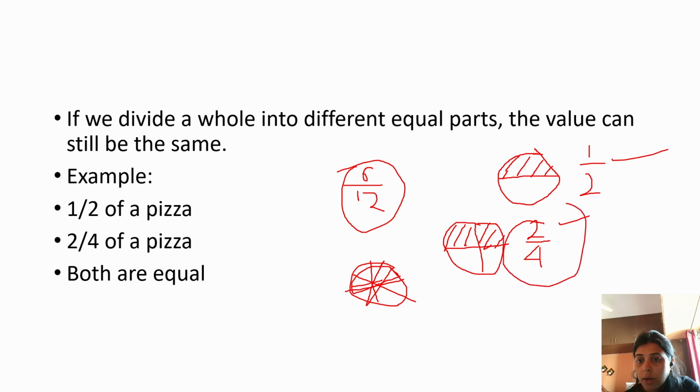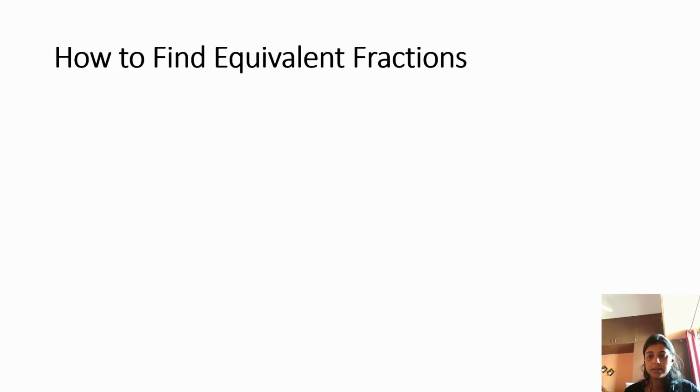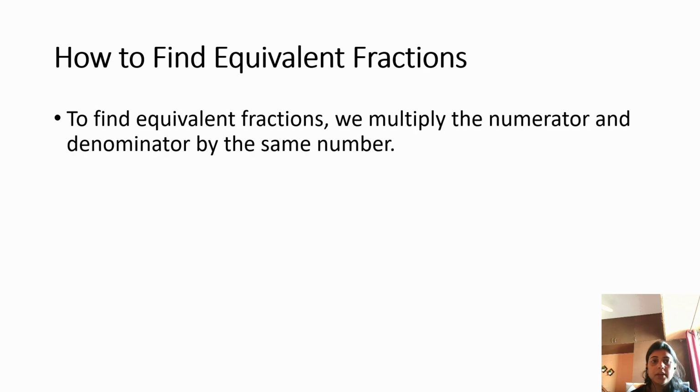So the equivalent fraction of 1 by 2 is 2 by 4. We will see how to find out that equivalent fraction. First, get the concept, then we will see how to find it. Okay, so next is how to find the equivalent fraction.